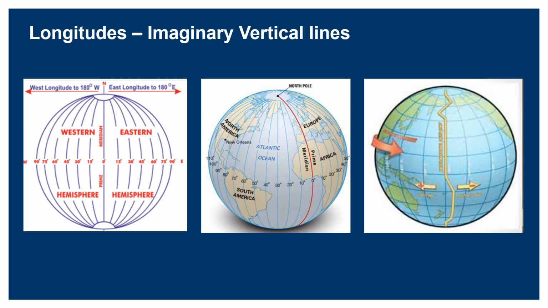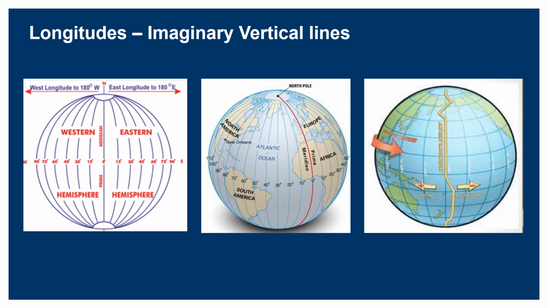Now let's understand longitudes. The longitudes are imaginary vertical lines. These are drawn from North Pole to South Pole. These are also known as meridians. Meridian means midday. The longitude that divides the Earth into Eastern Hemisphere and Western Hemisphere is known as the prime meridian.